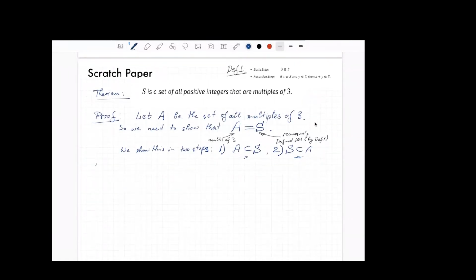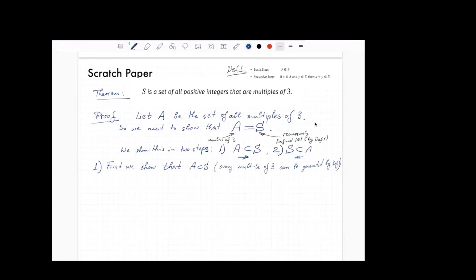Okay. First we show, let's start from this direction, that A is a subset of S. Show that A is a subset of S. So every multiple of 3 can be generated by this recursive definition, def1.